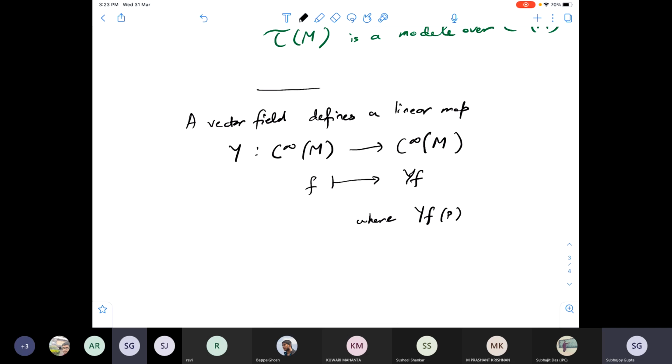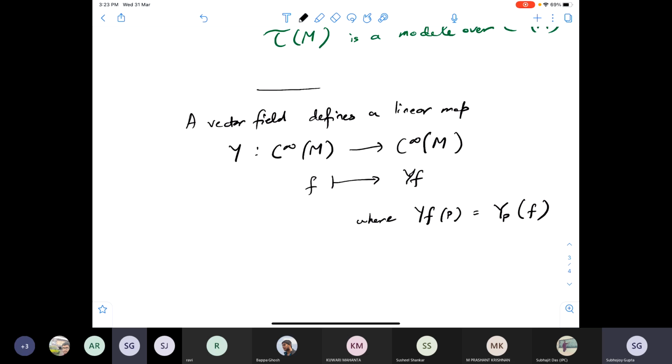So at a point P, it has to take some real value, right? And so what is Yf at P? Well, it's defined to be Y_P, the vector assigned to the point P by the vector field Y, applied to f. Remember that a vector is a derivation, right?